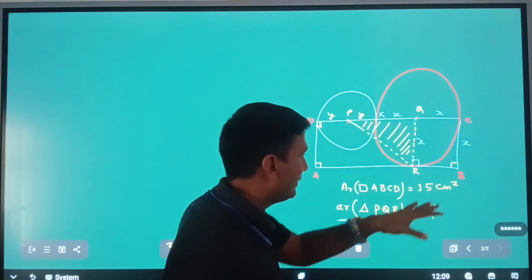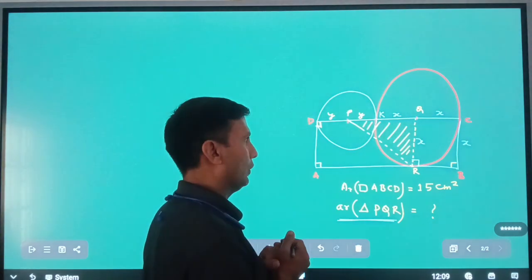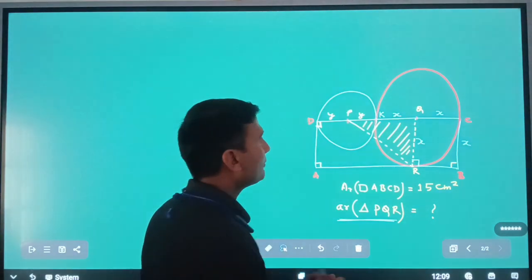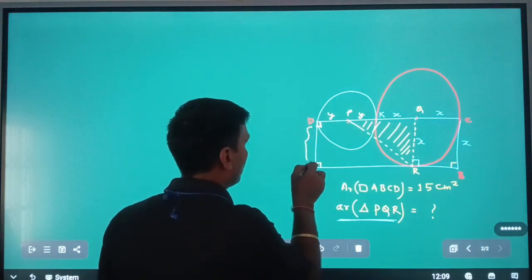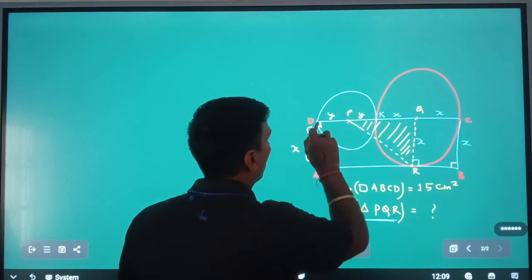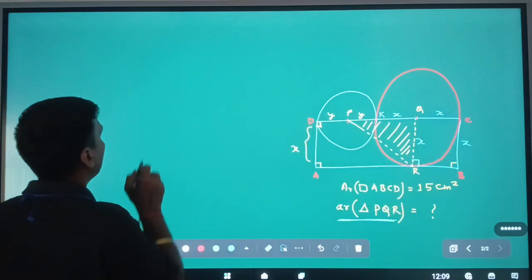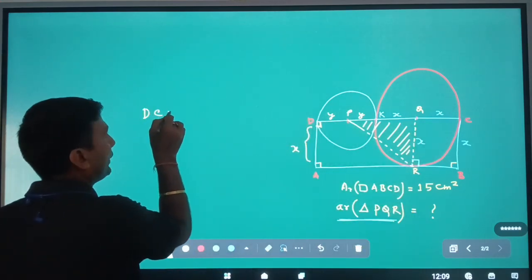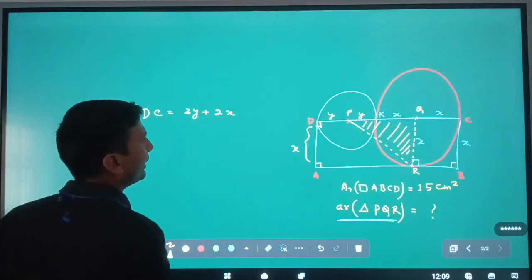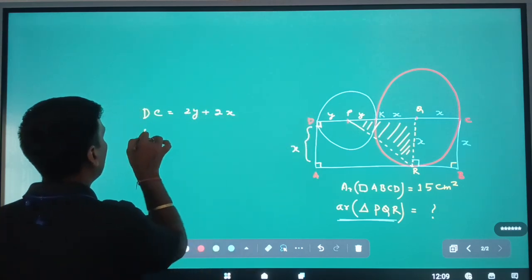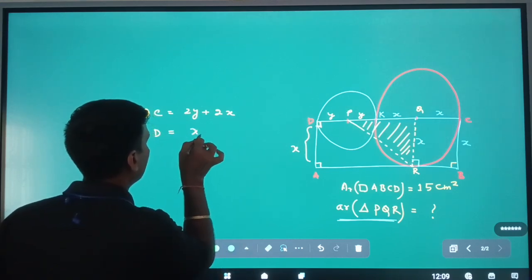I have done these things, so we can come to a certain conclusion. What? ABCD is a rectangle, so this is also going to be X, and the whole DC is going to be 2Y plus 2X, we can say, and AD, as we have supposed, is equal to X.